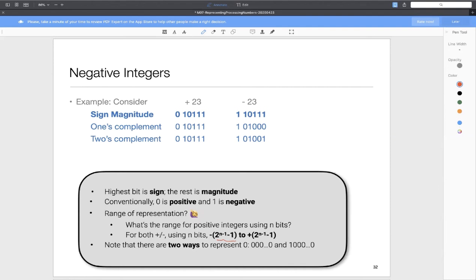So I can go from minus that to plus that. And as one of you already noticed, I have two ways of representing 0. So that's sign magnitude. For any rationally designed computer hardware now, you will probably not see sign magnitude. But early on, when this debate was not settled, often you did.